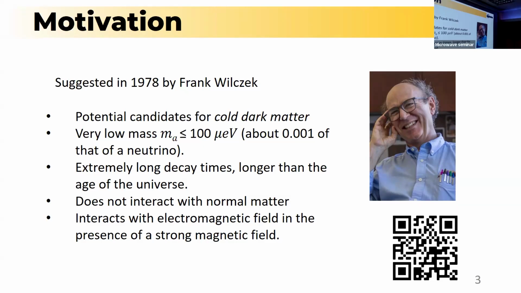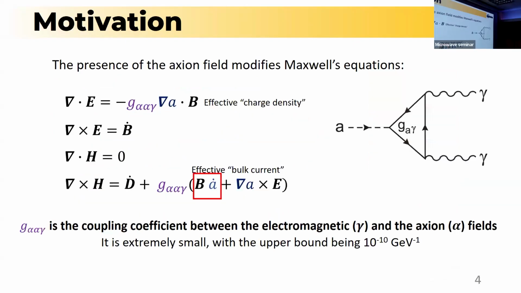If we want to check how it interacts with electromagnetic fields, we can check these details in Maxwell's equations. In Maxwell's equations, we are going to have two extra terms coming from effective charges and effective currents.